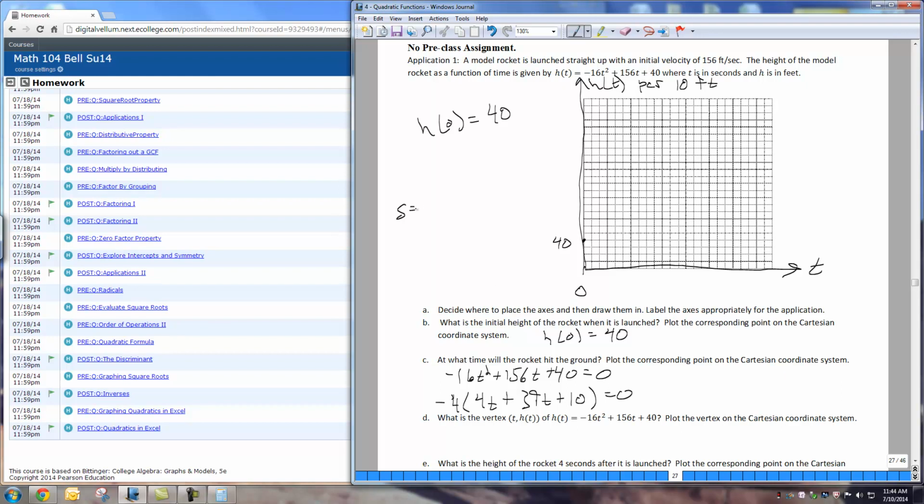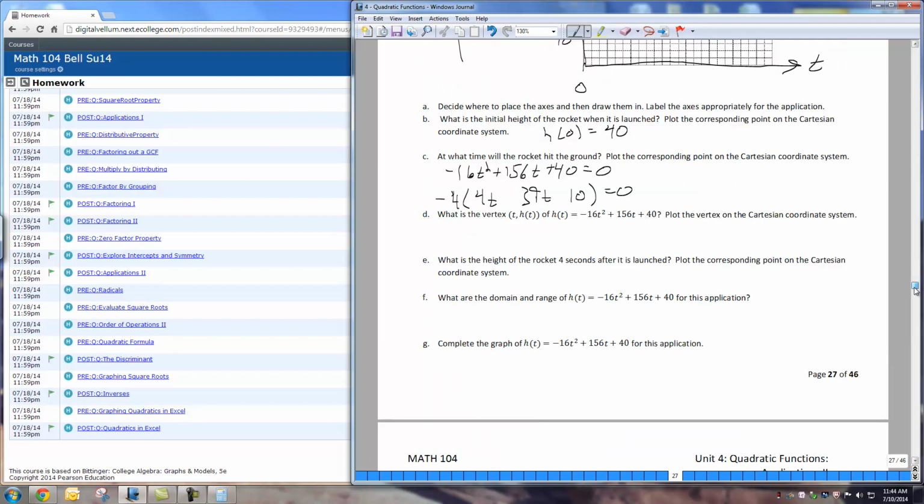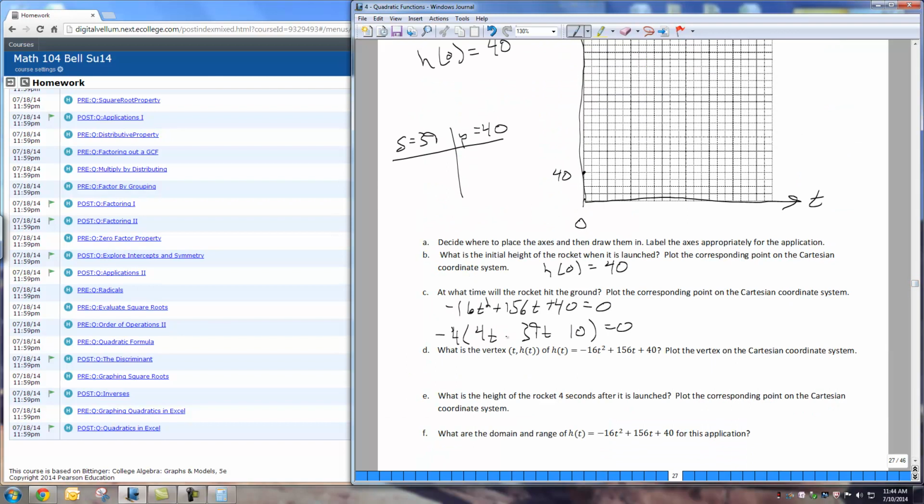So our sum is 39 and our product is 40. Oh, I need to change the signs because I factored out a negative. So this one's positive, this one's negative, and that one's negative. So my sum is negative 39 and my product is negative 40.